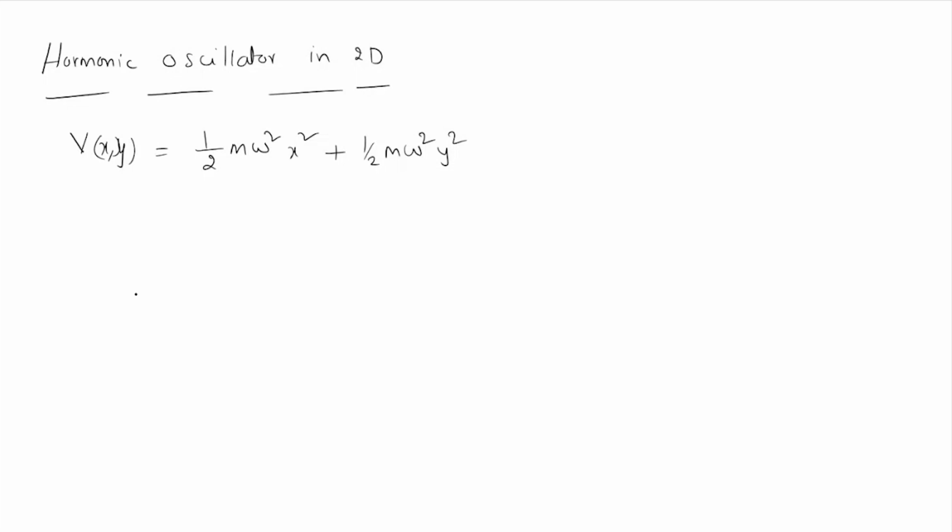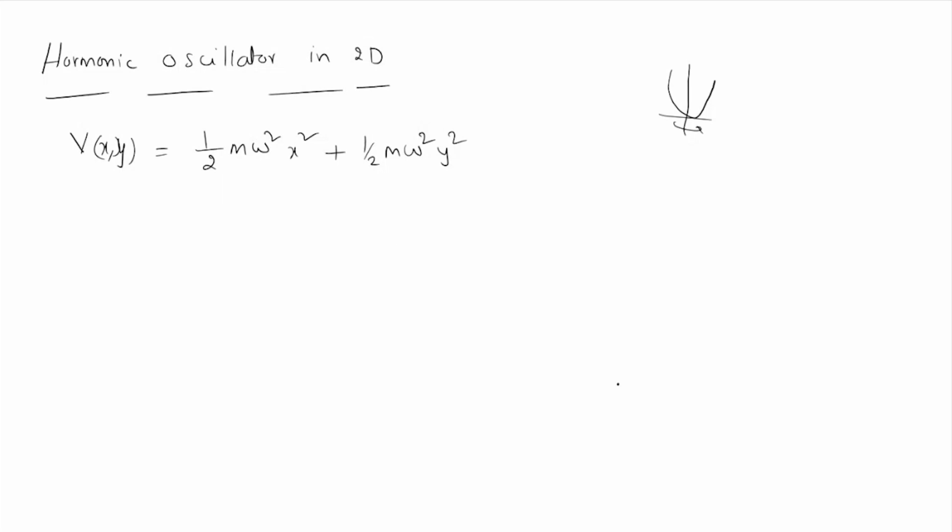You can imagine your 1-dimensional harmonic oscillator like an upwards, U-shaped one. This is the 1-dimensional harmonic potential. You revolve it in the xy plane, you get this kind of a potential.